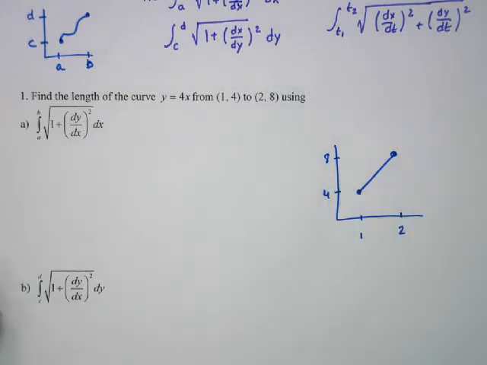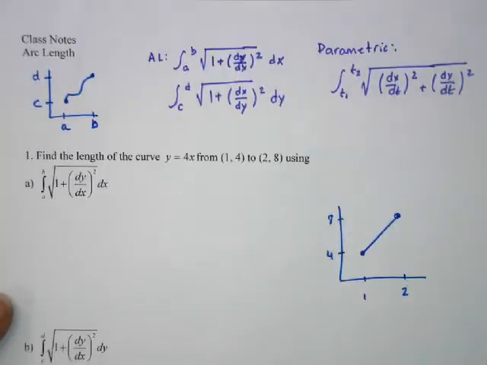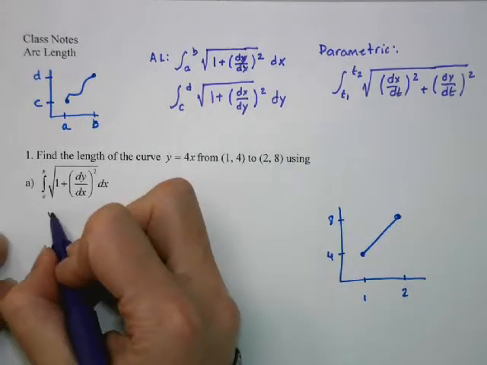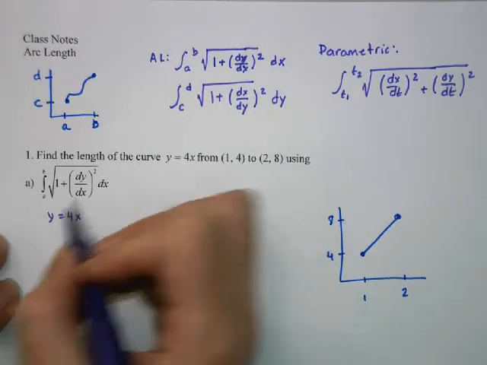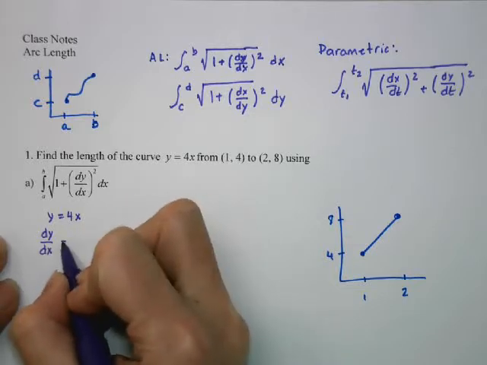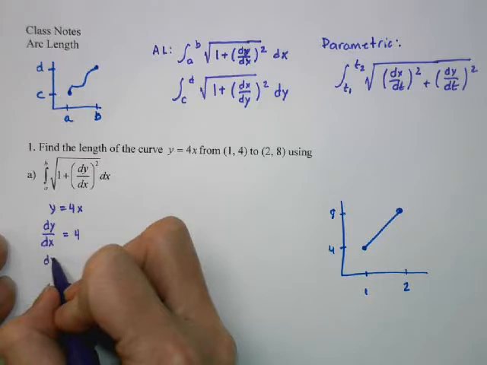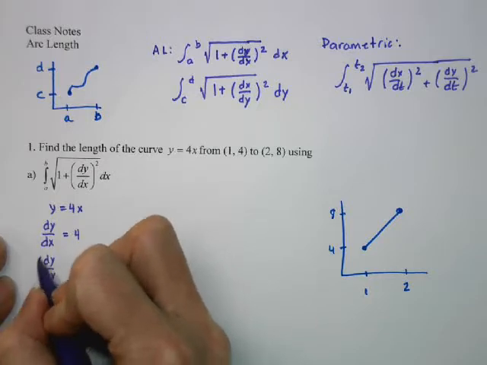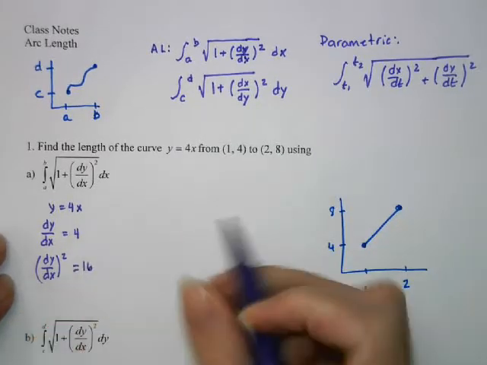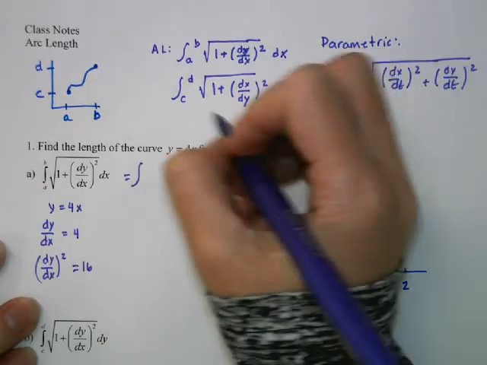Okay, well, y is 4x, which means dy/dx is 4. So dy/dx squared is going to be 16. So this is going to be the integral from a to b, which is 1 to 2, of the square root of 1 plus dy/dx squared, which is 16.